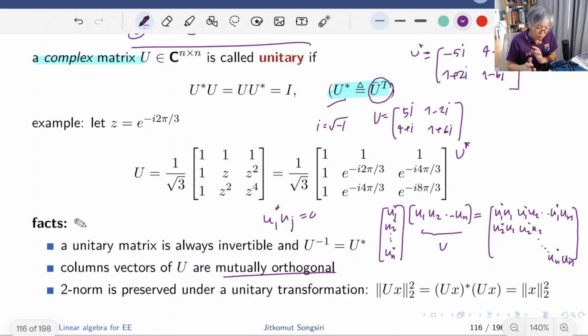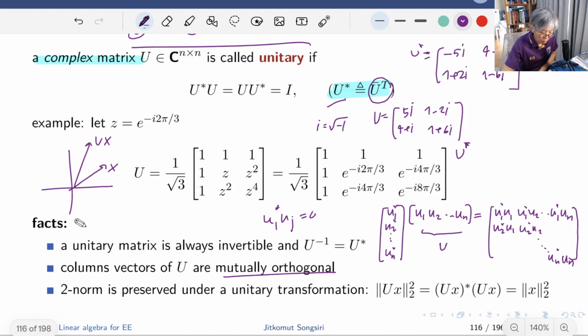If you transform any vector x with U, of course we talk about x as a complex vector, so Ux is also a complex vector.